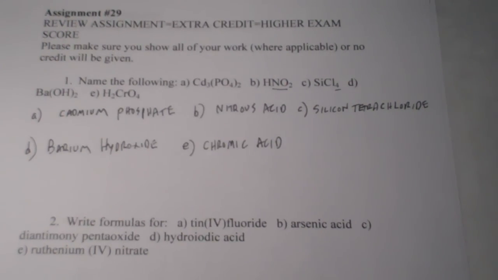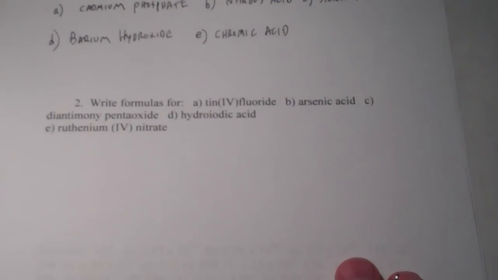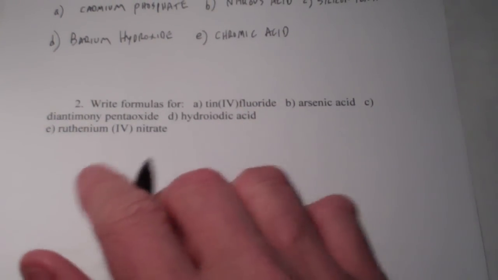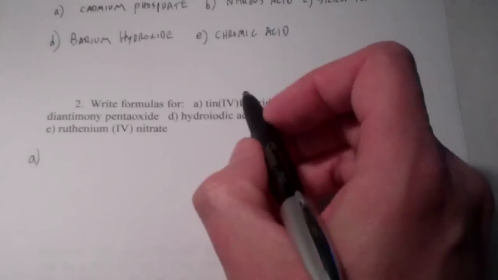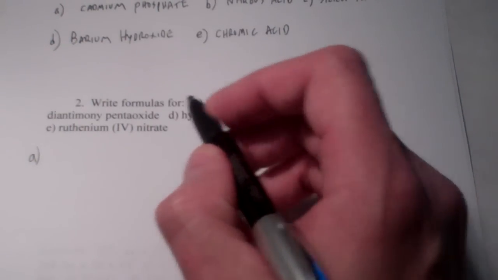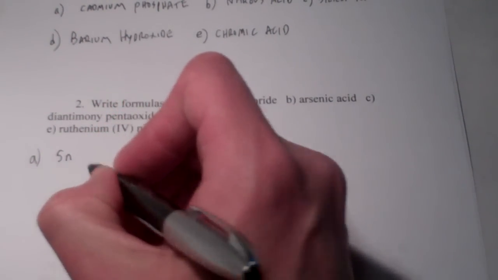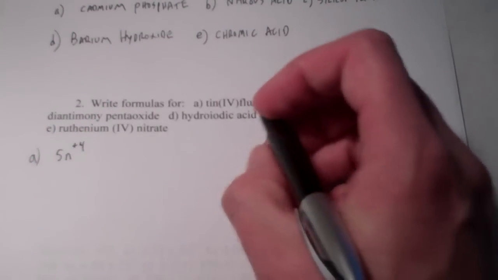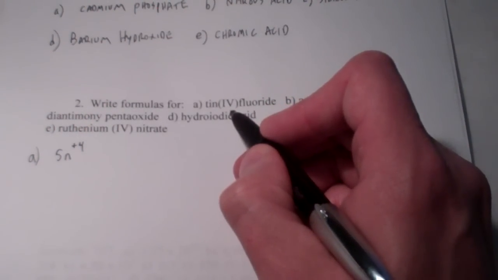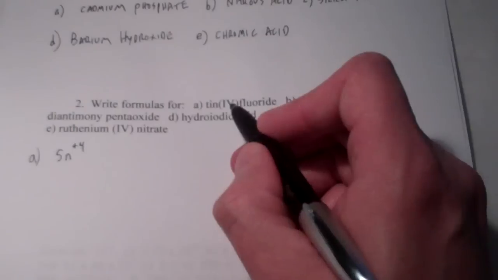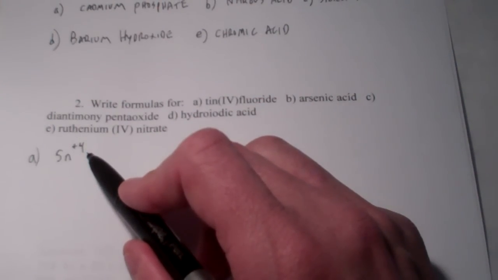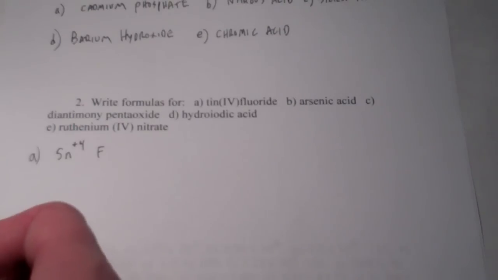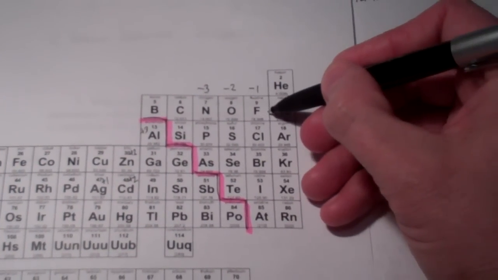Now number 2, we're going to work backwards. This time, I'm going to give you the name, and you're going to come up with the formula. So for letter A, we have tin(IV) fluoride. Tin's symbol is Sn, and its oxidation number is positive 4. That's what the Roman numeral tells me. It does not tell me the number of tins, it tells me its charge. Fluoride comes from fluorine, which is in group 17.